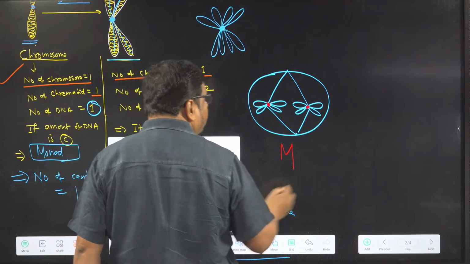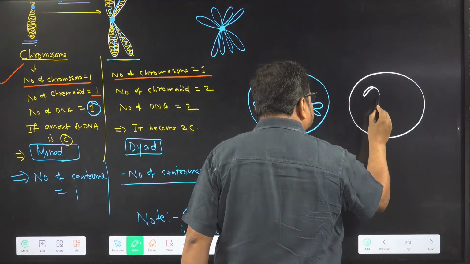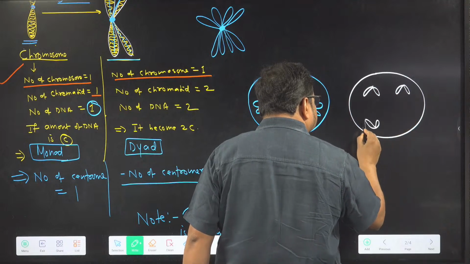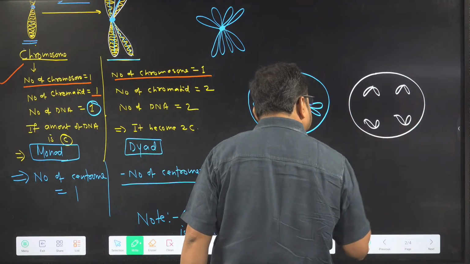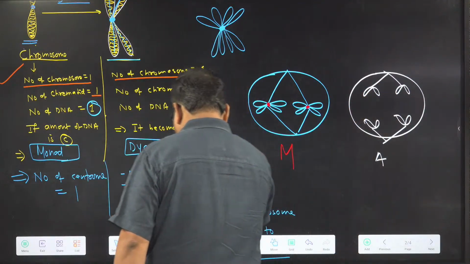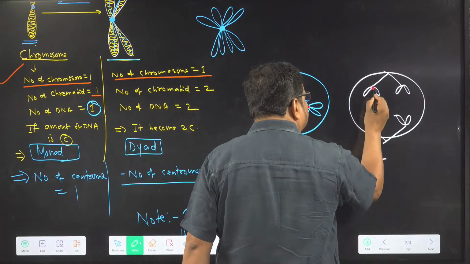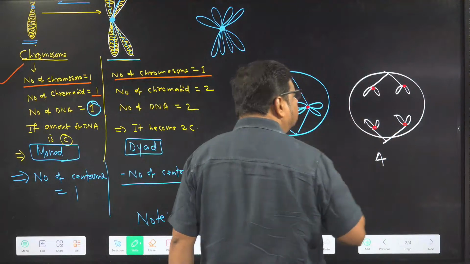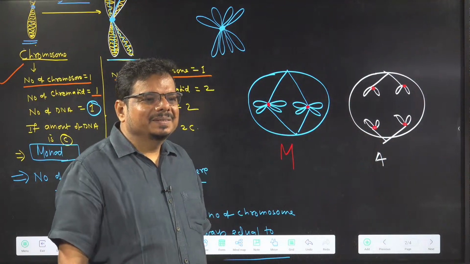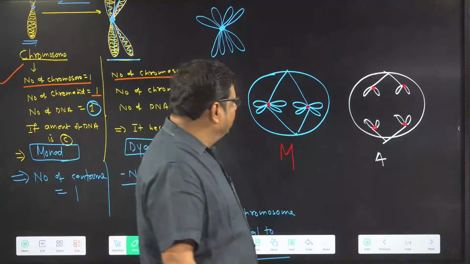Now I am making another diagram. This is anaphase. How many centromeres are there? How many chromosomes are there? 4. Got the idea?